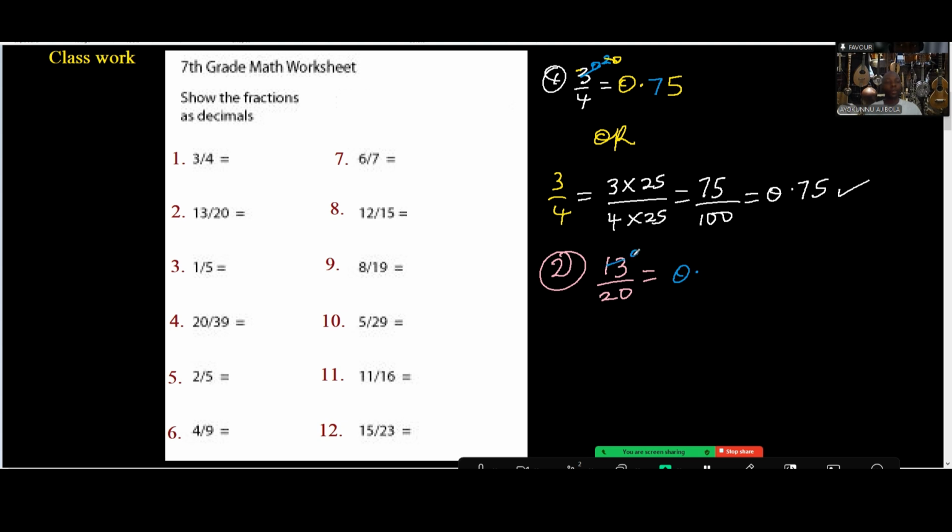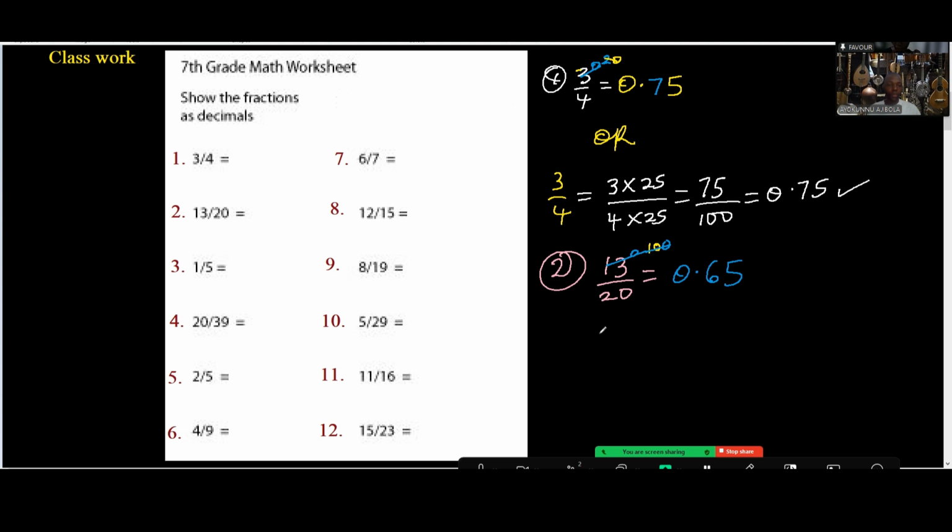How many 20 in 130? That's 6, which is 120. It's going to remain 10, okay? Then I put another 0. Is that clear? So how many 20 in 100? That's 5, and it doesn't remain anything.